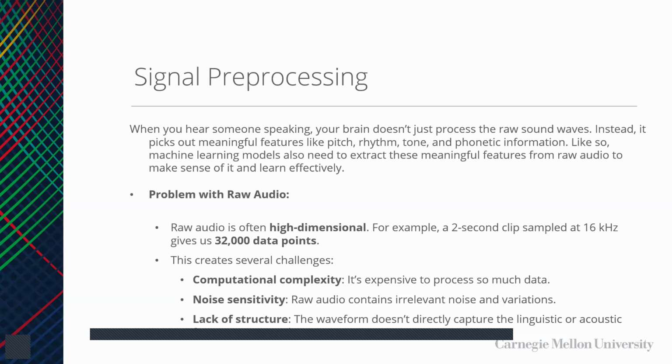First, it's going to be very computationally expensive to process all of this data. Also, the raw audio is usually noisy, so our model is going to be sensitive to noise. And also, there is no structure, which means the waveform will not capture the important information that we need, like the linguistic information.